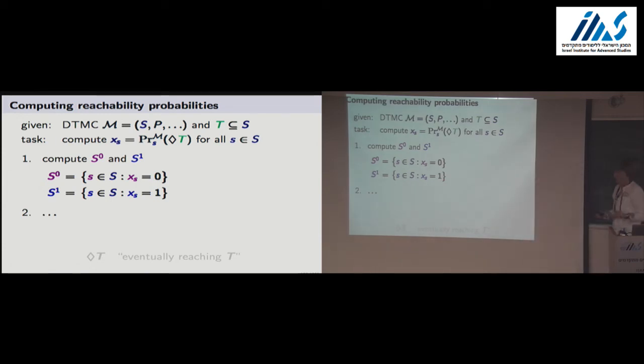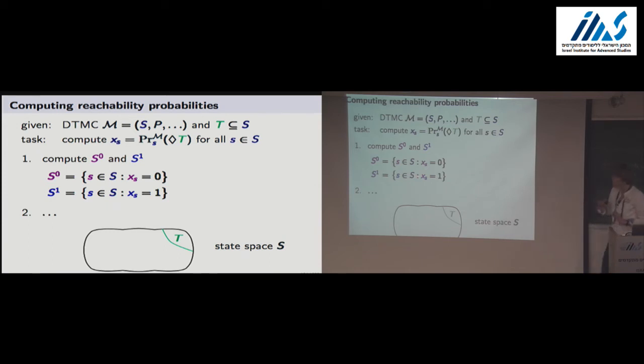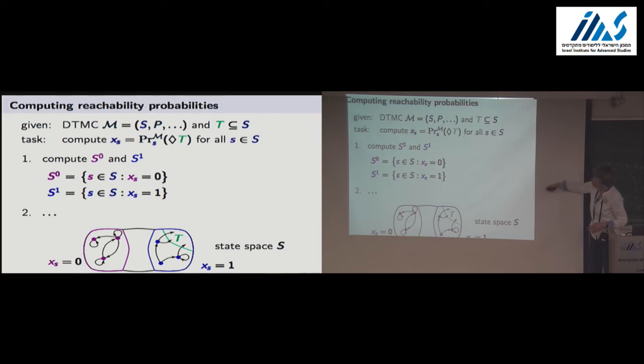Also you can filter out all the states where the reachability probability is 1, which means that if we have here the full state space, here is the set of target states T, then this blue area would be S1, and here we have the states where the probability is 0, and in between is what, in a second, we will call the states where the probability is strictly between 0 and 1.